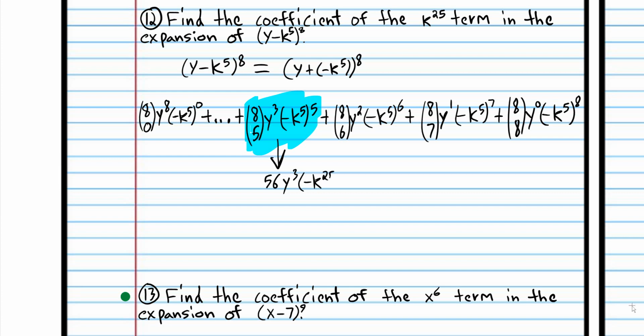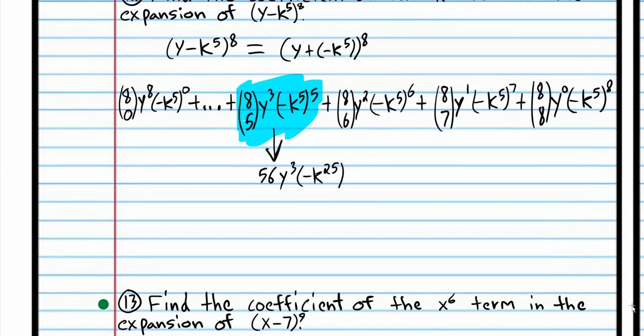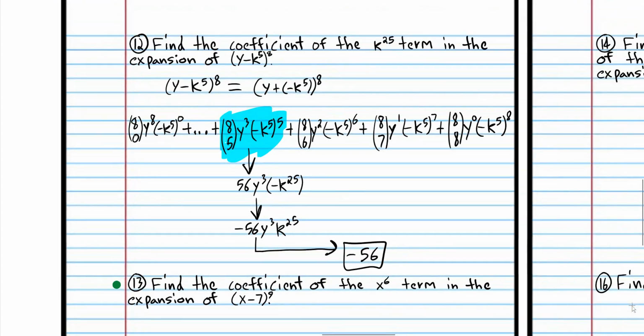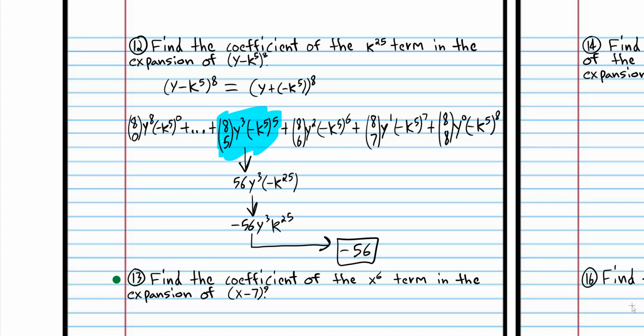And then using exponent rule number 5, we get negative k to the 25th power. And then we get negative 56 y cubed k to the 25th. And then obviously the coefficient we're looking for is negative 56. So there you go, that's another one.